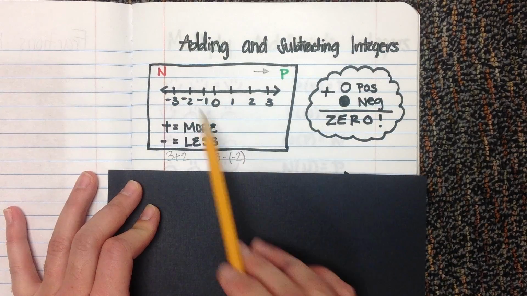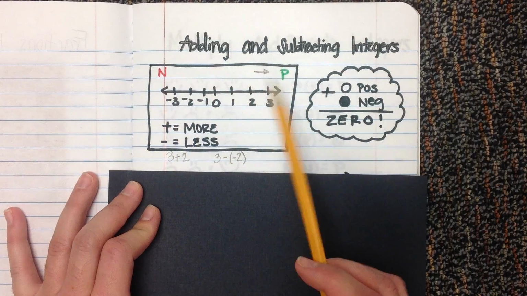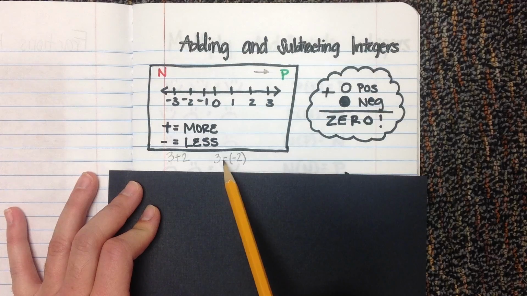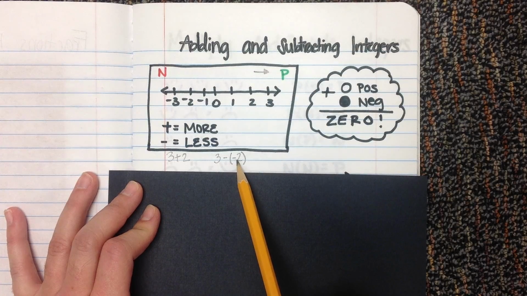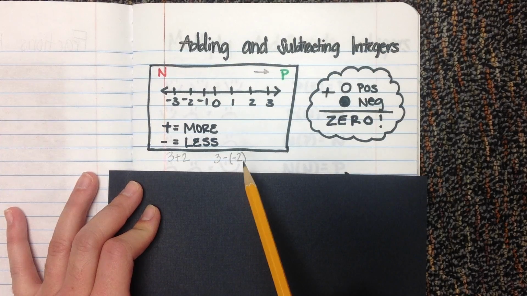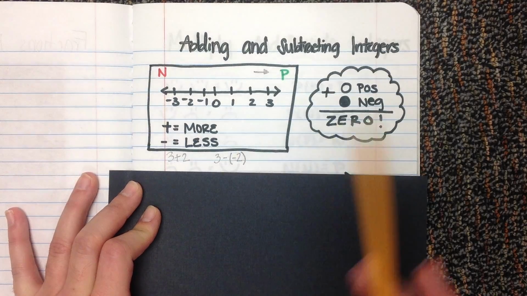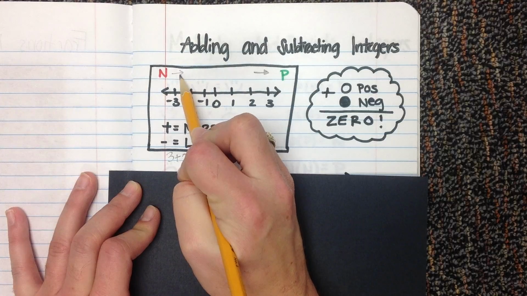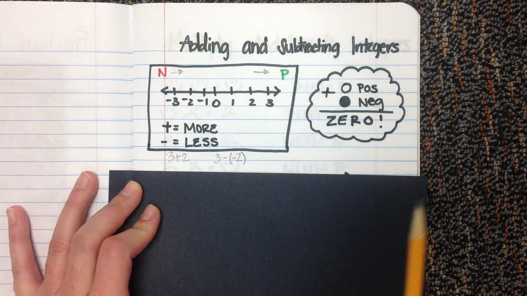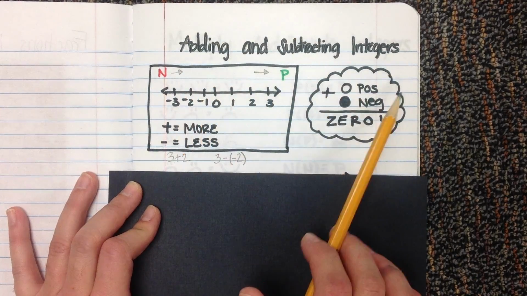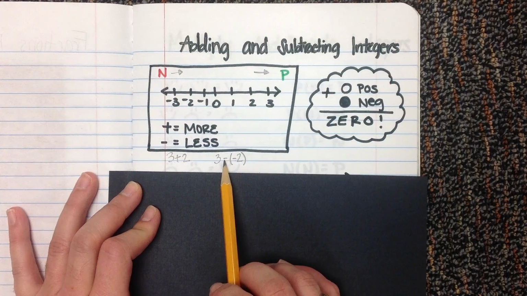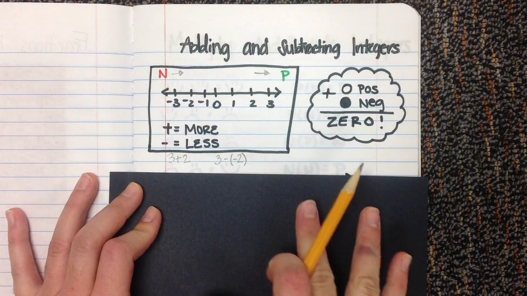When I put these P's and N's, it helps me to see what I'm trying to go toward and what I'm running away from. If I want less negatives, I'm going to go away from them, which means I'm still headed in the positive direction. Even though it looks like it should be negative, since I want less of them, I'm headed toward the positive.